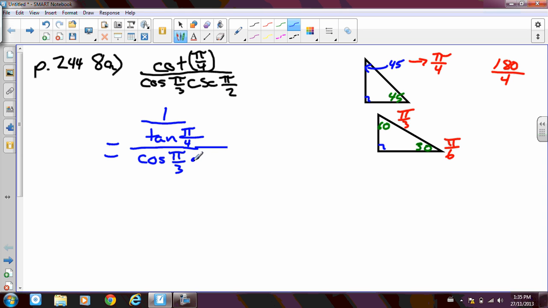Cosecant is the same as 1 over sine, so essentially this is 1 over sine of pi over 2. Okay, it's a little messy, but essentially I've got 1 over tan, so what I'm interested in now is what is tan, and if I know what tan is, of course I can figure out what 1 over tan is. Tan of pi over 4 is this right here.